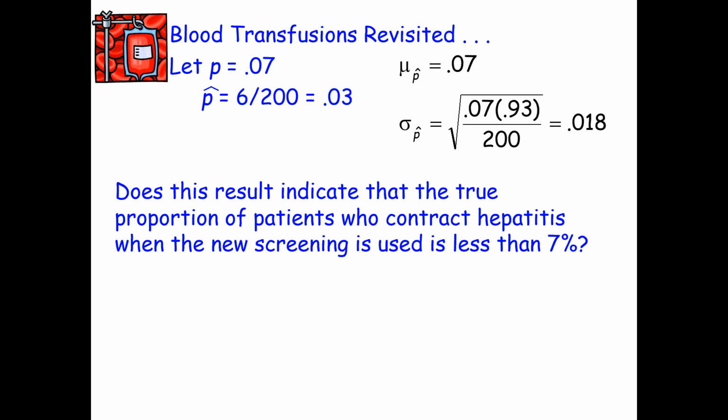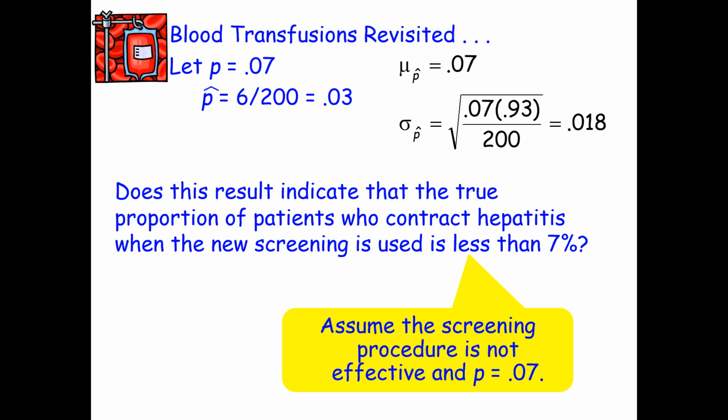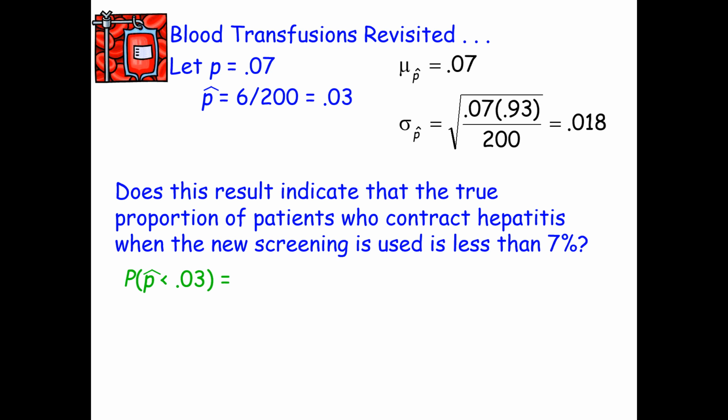So does this result indicate that the true proportion of patients who contract hepatitis when the new screening is used is less than 7%? We're going to assume that the screening procedure is not effective and that p equals 0.07. So we want to find the probability that p hat is less than 0.03.